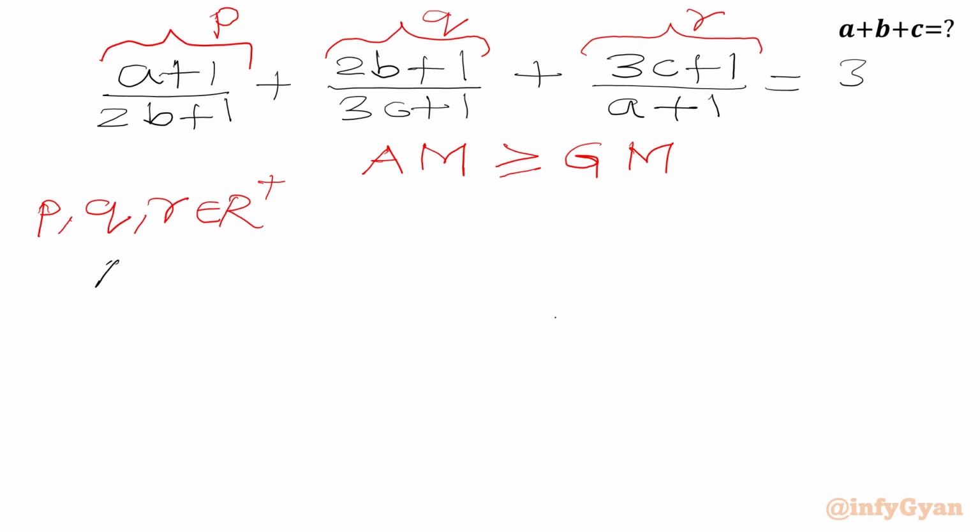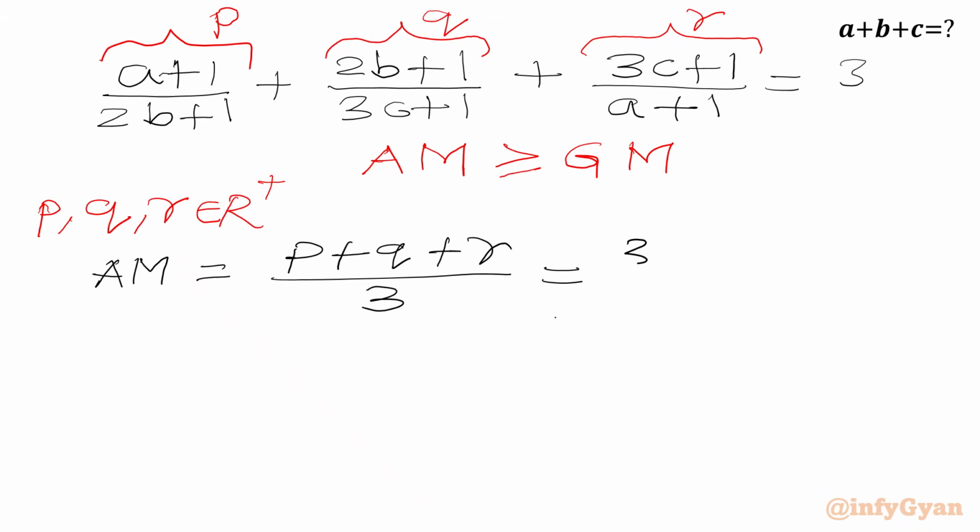AM equal to P plus Q plus R over 3. So P plus Q plus R is 3, and we write 3 in the denominator. 3 over 3 is 1. So our arithmetic mean is 1.